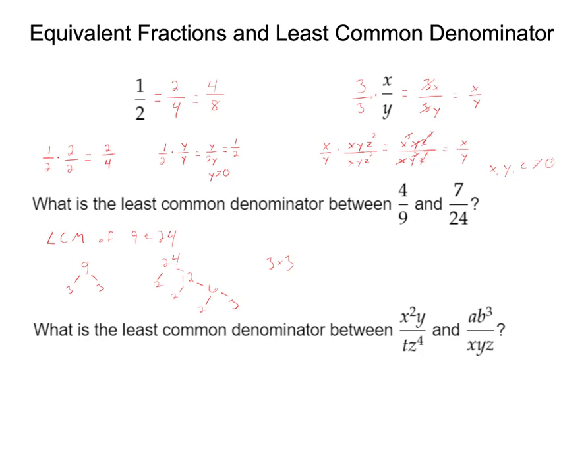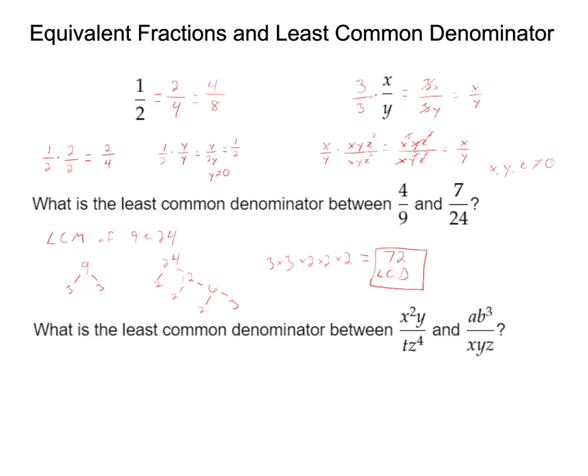So 3 times 3. And with 24, we realize that 2 shows up 3 times, so 2 times 2 times 2. It doesn't show up in 9, so we don't need to worry about finding the maximum there. So that's essentially 2 cubed, so 8 times 9, which is 72. So 72 would be the least common denominator of 4/9 and 7/24.